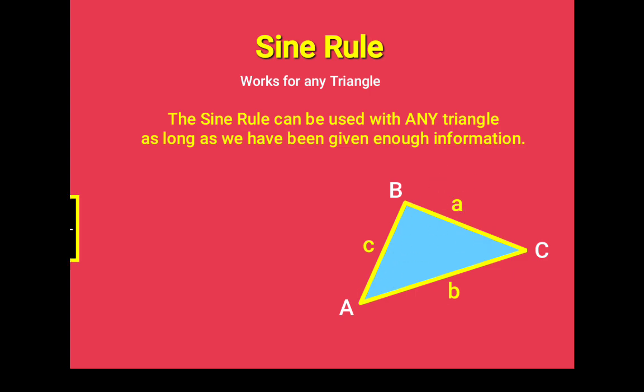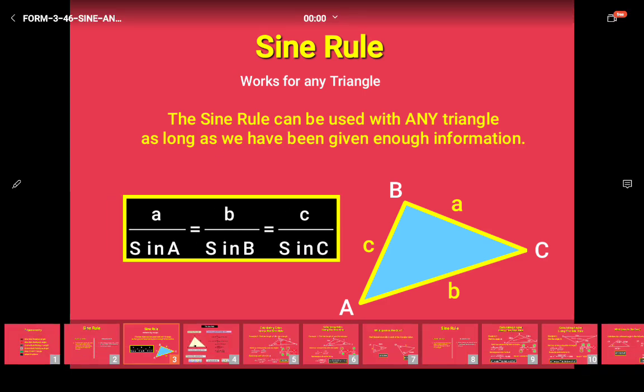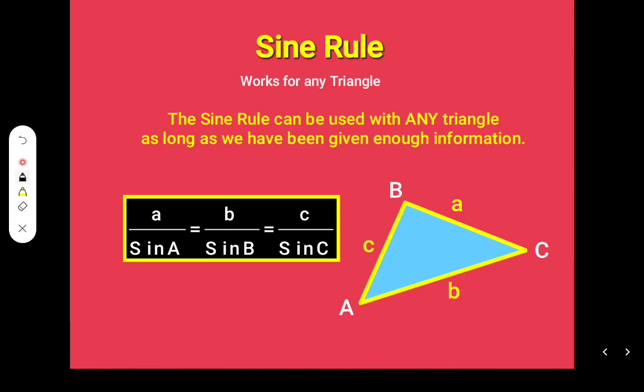Now the sine rule simply states, it's an equation, that the ratio of side a to the sine of the angle which it is facing is equal to the ratio of side b to the sine of the angle which it is facing.